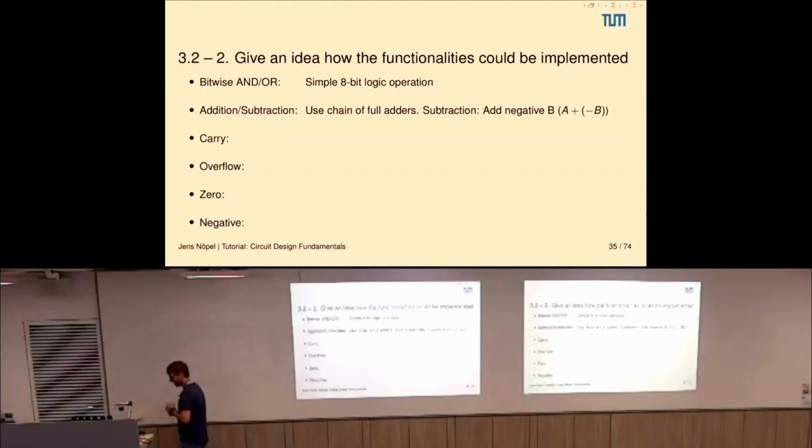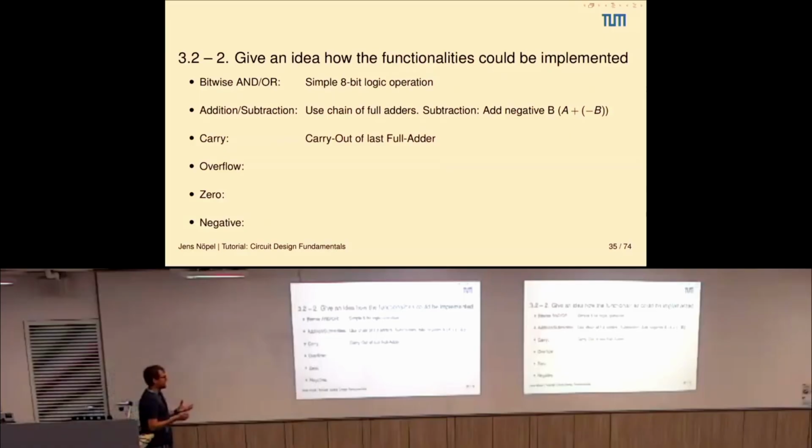This, I guess, is the interesting part. So just remember that a minus b is exactly the same thing as a plus negative b. So we just need to make sure that we add a negative b, and how we realize that we're going to see during this task as well.